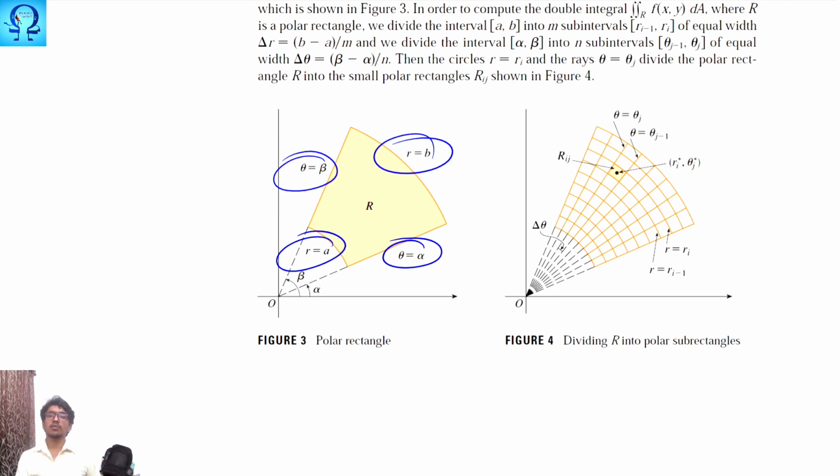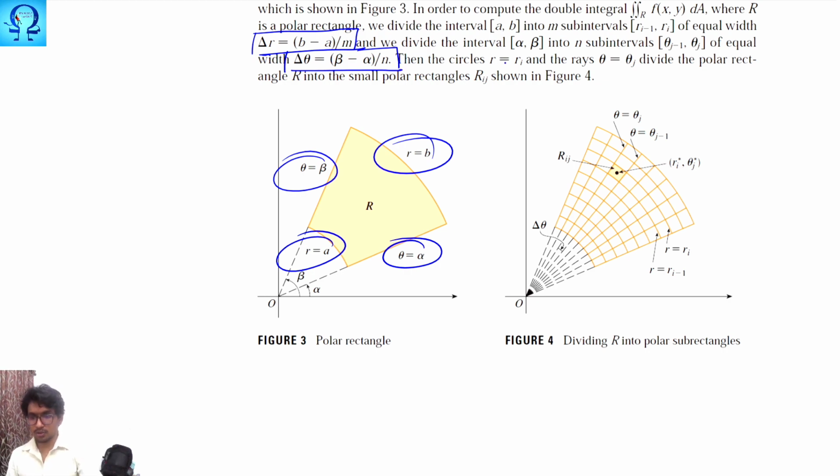In the Riemann sum, we'll make m and n go to infinity. So here we'll have to talk about the small changes, that is delta r and delta theta. These things are written like this.